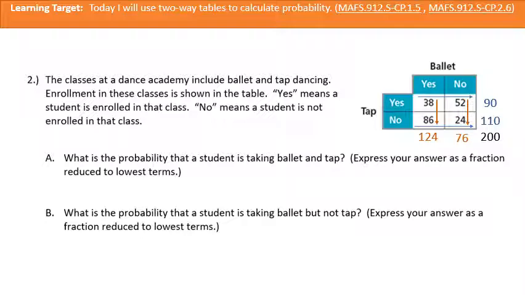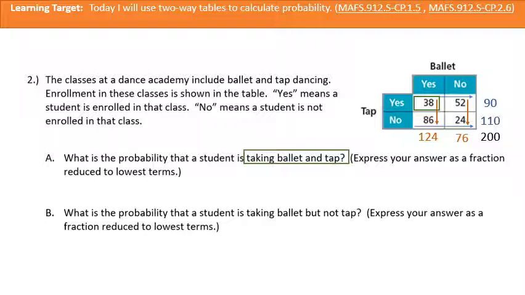Okay, so now we got to find out how many total people they surveyed, so we can add straight across or down. Messed that up, my apologies. And that's 200.